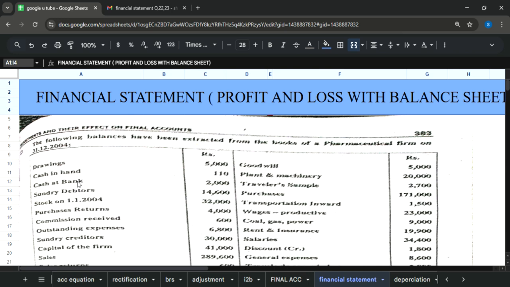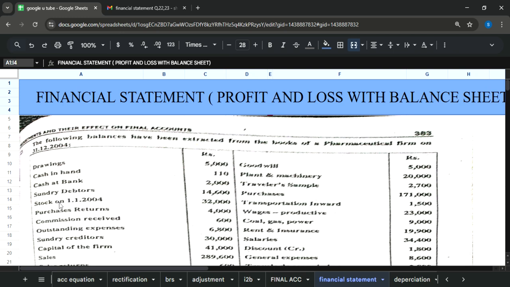But right now, liabilities and incomes can also be present over here. Look here, capital is your liability, commission received is your income, sundry debtors are your asset, and purchase return, opening stock, these are expenses. Have you seen that assets, liabilities, expenses, and incomes are all mixed? So you will have to be focused and careful.